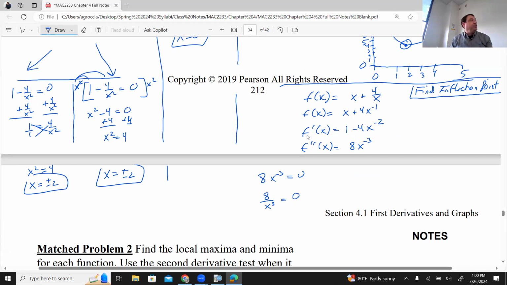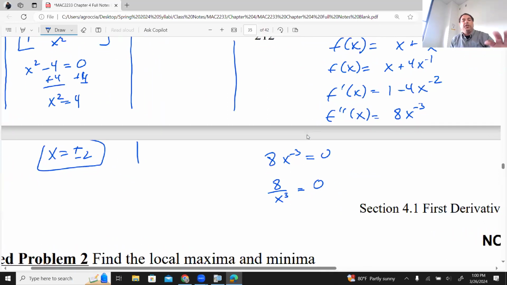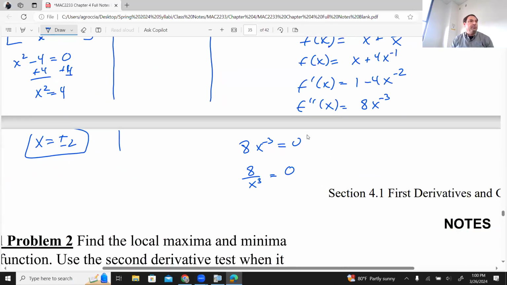Now, you have 2 options. You have proportion. You have clearing the fraction. Whatever one you want to do. If you do proportion, x cubed times 0 is 0. 8 times 1 is 8. If you did clearing the fraction, multiply everything by x to the 3rd, you get 8 equals 0. Does 8 equal 0?